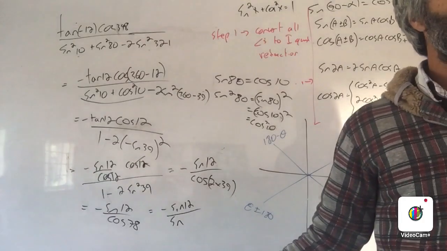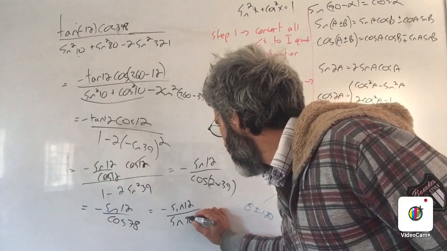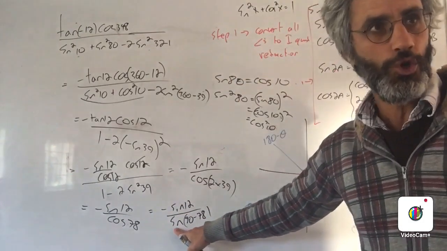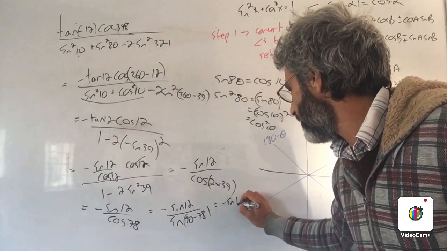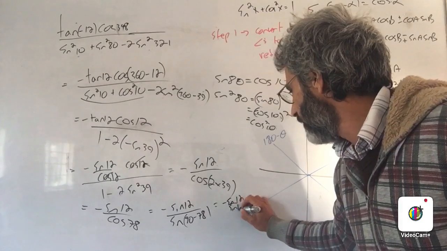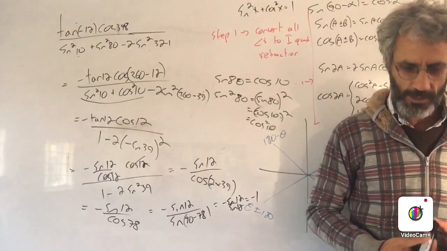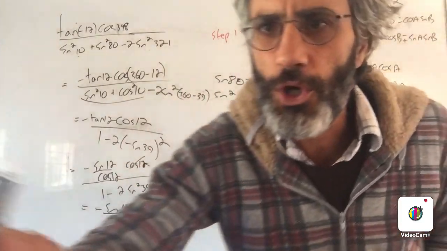It's 90 minus 78. Let's do it in 2 steps. If I take this cos and insist on writing it as sine, I can do it as long as I do 90 minus 78. So that's minus sine 12 divided by sine 12. Believe it or not, we're just getting minus 1. Incredible. Okay, great. I'm going to stop here. Let's do some work on that.